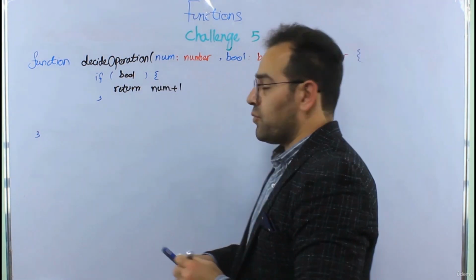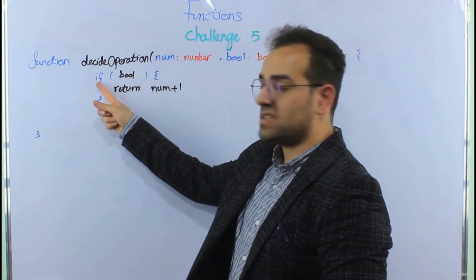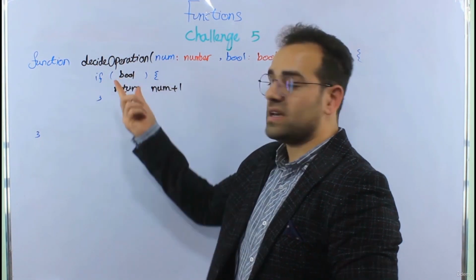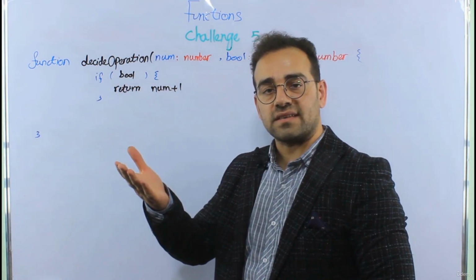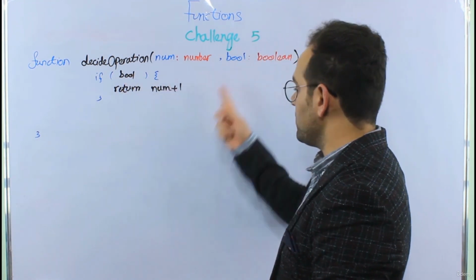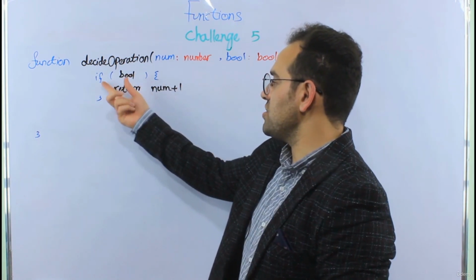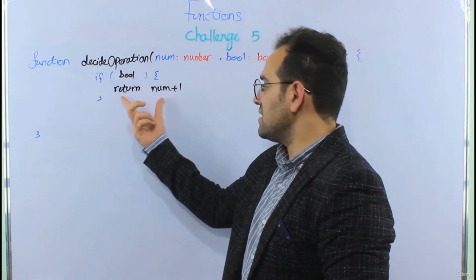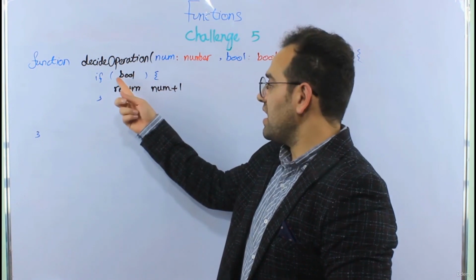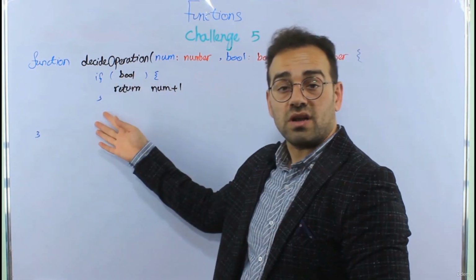Now, whatever you pass in within this definition of the if statement is going to be evaluated in a Boolean context. So if the Boolean is true, it means that when we call the function and pass in true, that value is going to be passed here. The if is going to be true, then this is going to run. But if this is false, this if statement is not going to run at all.